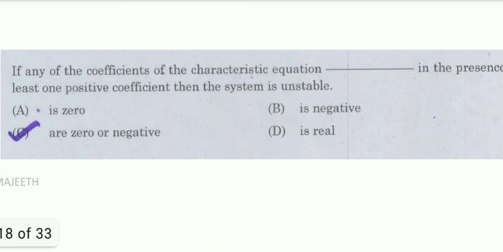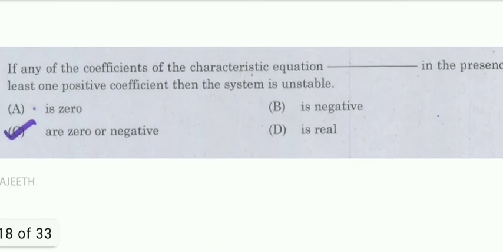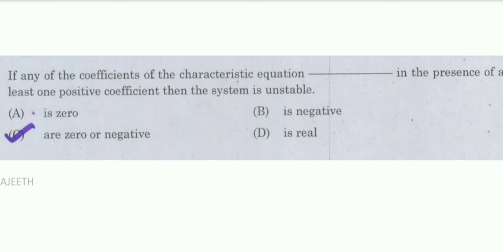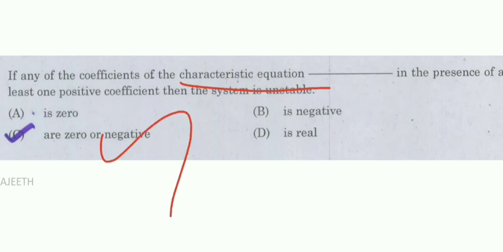Okay, next one. If any of the coefficients of the characteristic equation dash in the presence of at least one positive coefficient, then the system is unstable. We know that in the characteristic equation, if any coefficient is absent or negative, the system will become unstable. So option C is the right answer. It is from the Routh-Hurwitz criteria. Whenever you want to solve using the Routh-Hurwitz criteria, all the coefficients should be present.